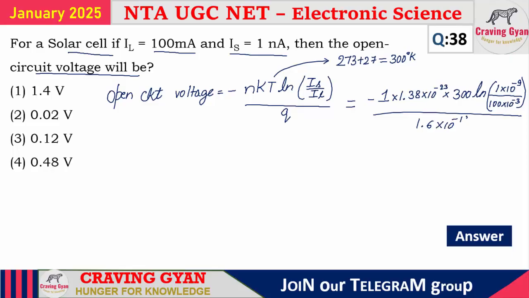When you solve this, you're going to get a negative value. This negative into negative will become a positive value, and this value will be equal to 0.482 volts, which is option 4 that is valid.